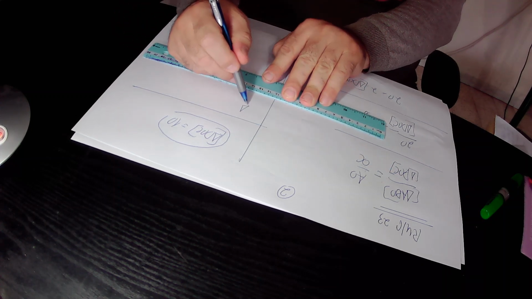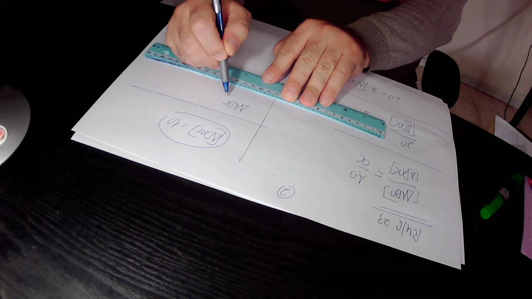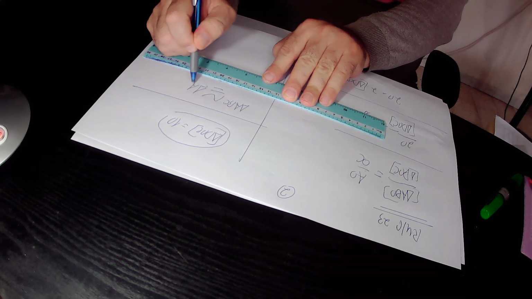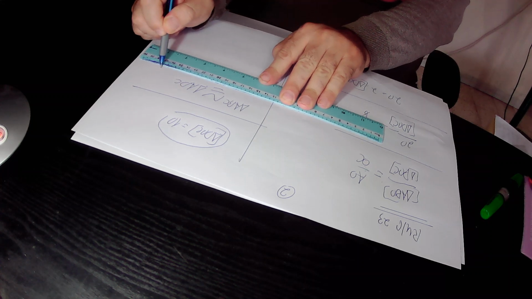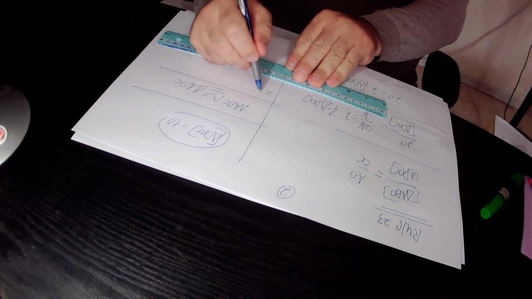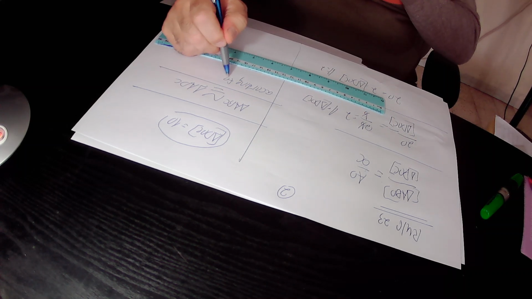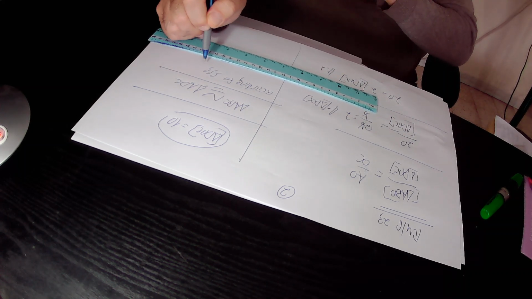We found out that the right triangle ABC is congruent, this is the sign of congruence, to the right triangle ADC according to the side rule.